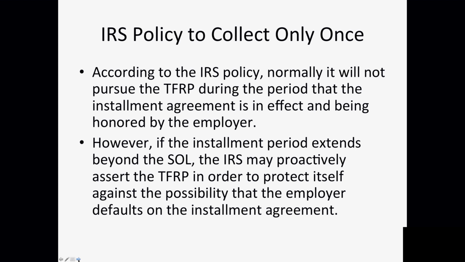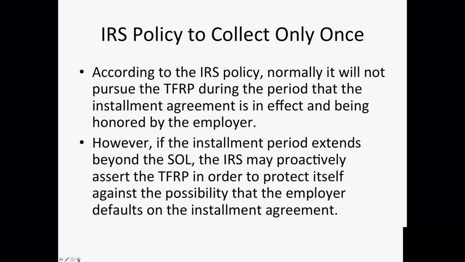So, this just goes to say that the installment agreement must be honored and must be upheld in good faith. If not, the IRS is certainly going to be proactive and protect its interests. And always looming in the back of its mind is the possibility that the employer might default and go belly up on the installment agreement.